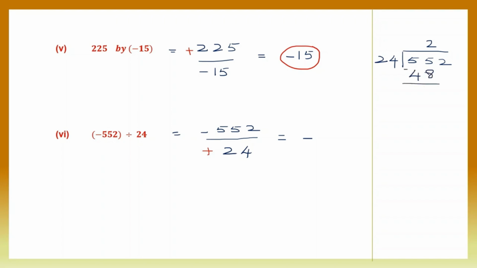So now we can subtract, we need to borrow. So this becomes 4 and this is 15. 15 minus 8 is 7 and you bring down 2, it's 72. Now 24 into 3. 24 into 3 is 72. So we've got a quotient as 23. So let's write it down here, 23. And our final answer with the sign is minus 23.